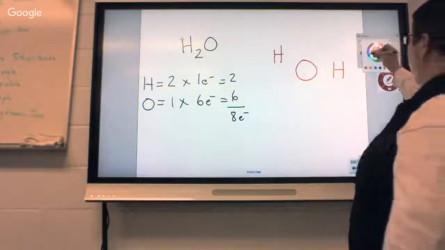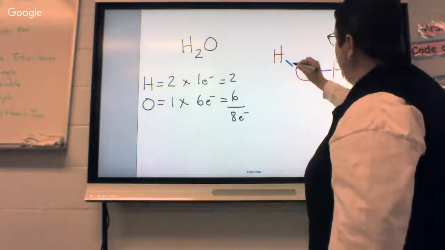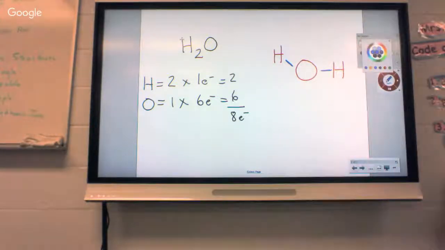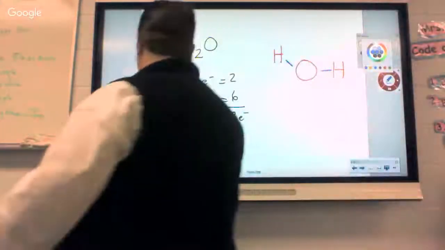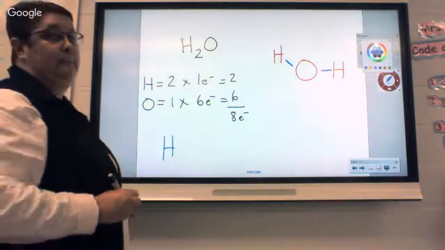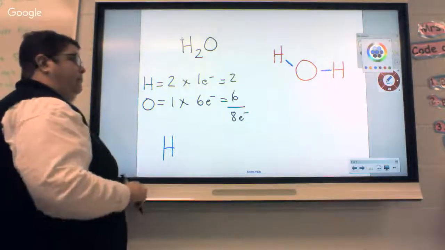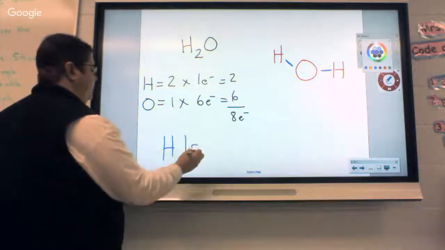Okay? Now, given we already know the electrons are going to share here and here, do I need to draw dots to start with? No, I do not. I'm going to go ahead and start with lines. Now, hydrogen has what electron configuration? Yes, that's on the test. 1s1.